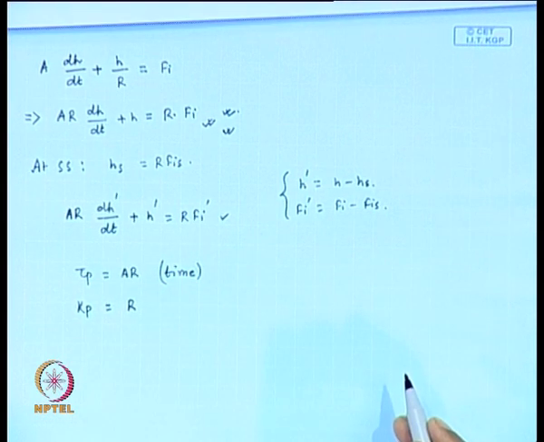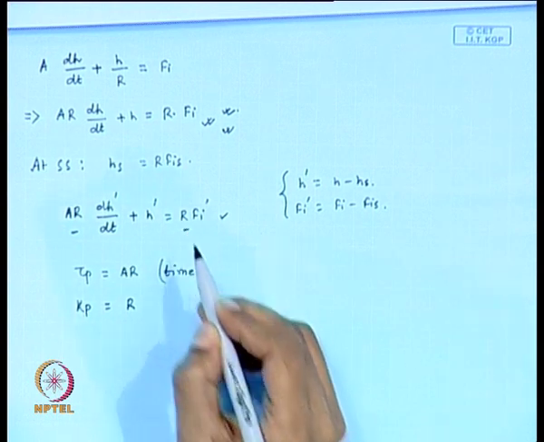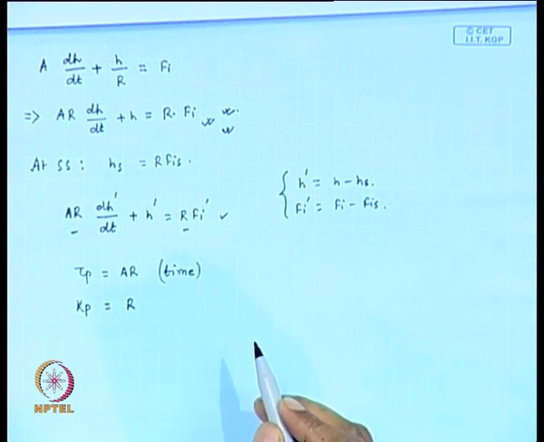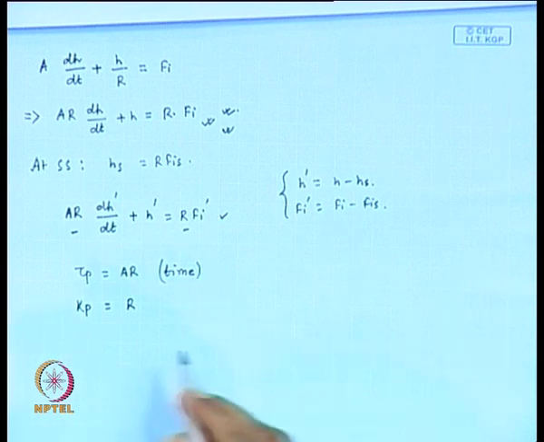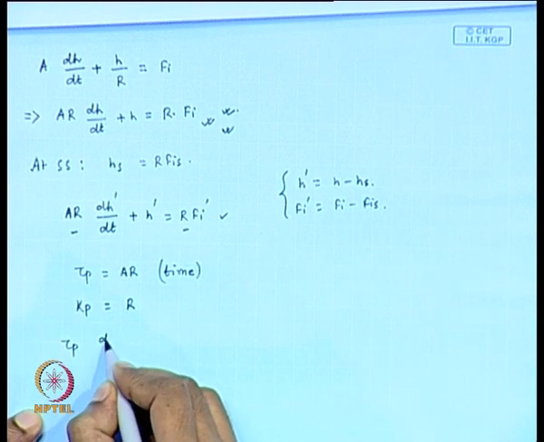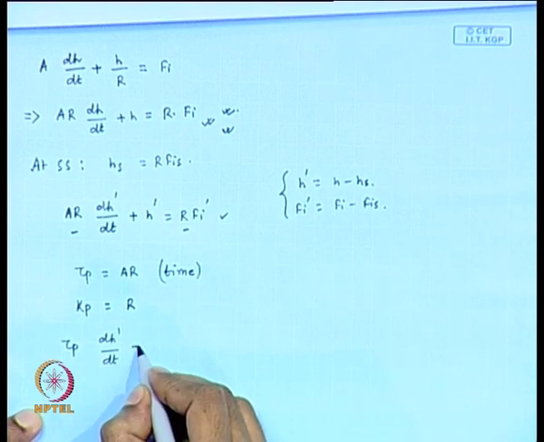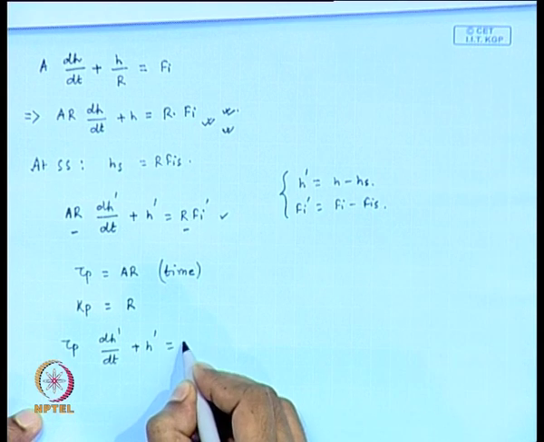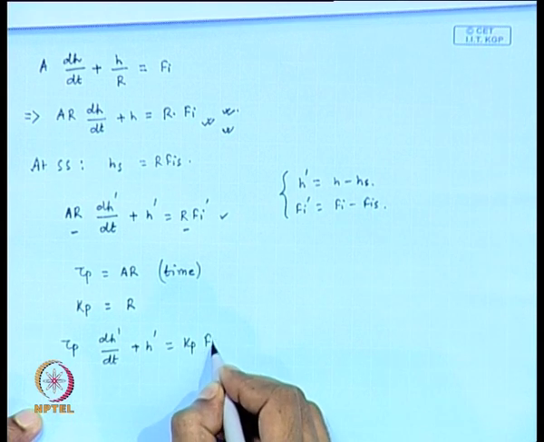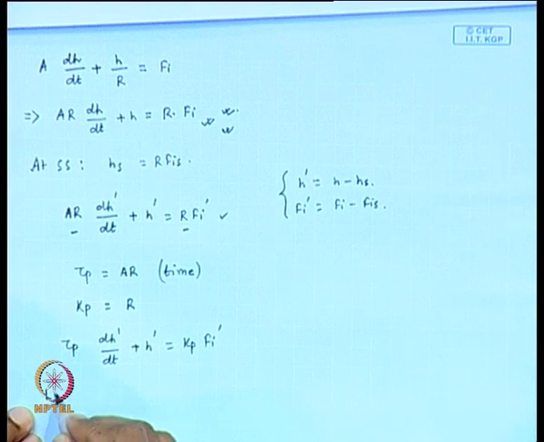Now, we will just replace this A R term here by tau p and R by this Kp term. Then we get tau p dh'/dt plus h' equal to Kp Fi'. Fine. Again we will take Laplace transform of this.